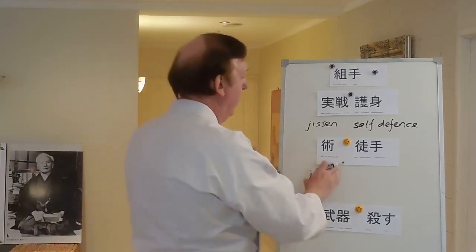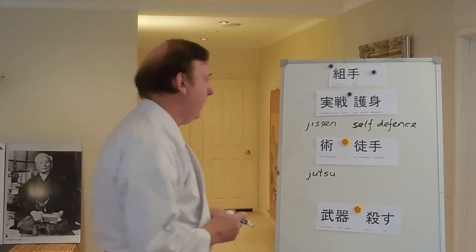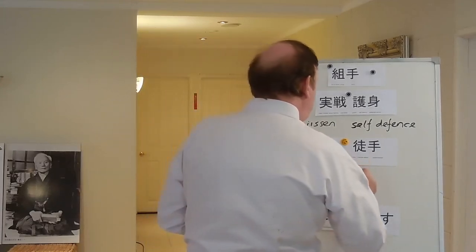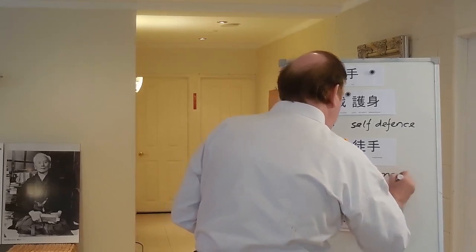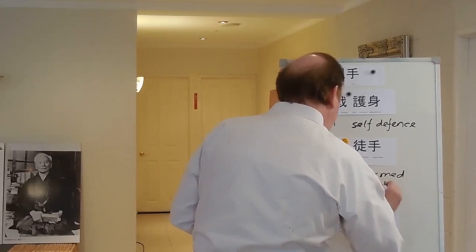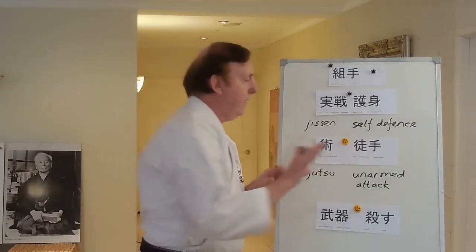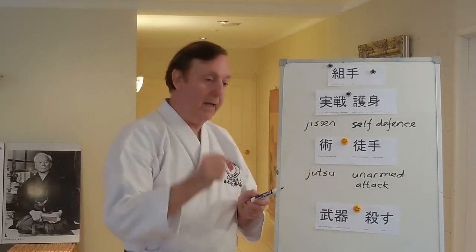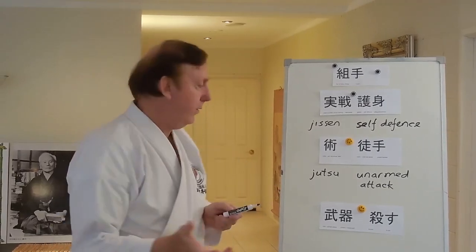So they're all techniques that you can use either in karate or self-defense. And of course you could have this one, which means unarmed combat or attack. That's toshu. Shu means hand, so empty hand, really pretty much the same, or unarmed combat equals toshu.